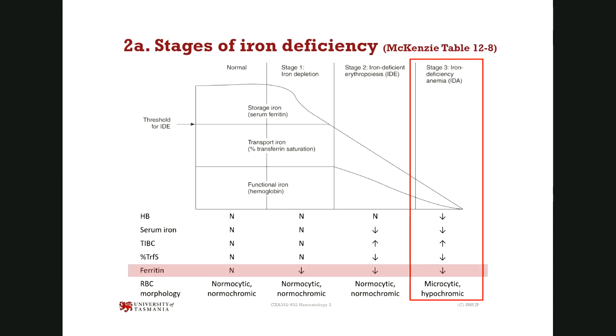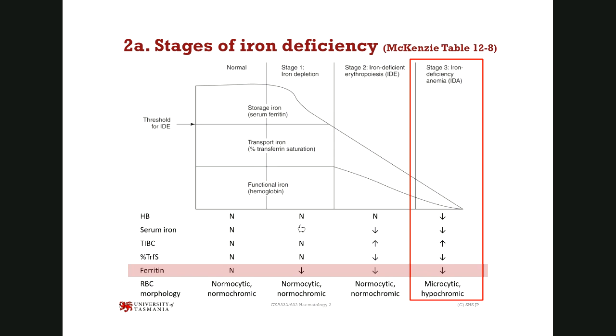So you can see here that there are 3 stages of iron deficiency. Here's our first stage, which is iron depletion. It shows us what's happening in the body with our iron stores. But down the bottom here, it also shows us our hemoglobin and our red cells, and it gives us what our iron studies tests are doing as well.